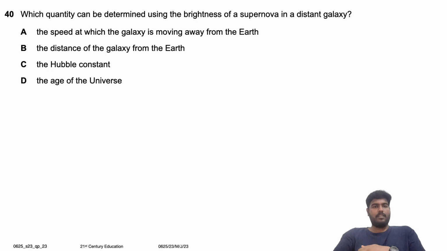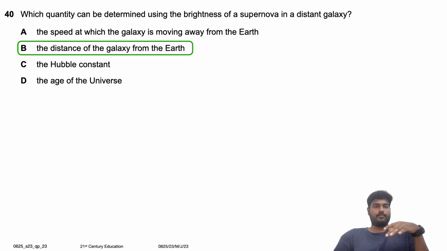Which quantity can be determined using the brightness of a supernova in a distant galaxy? We can use Hubble's law. Also we can use Wien's displacement law, to get the distance of the galaxy from the earth.